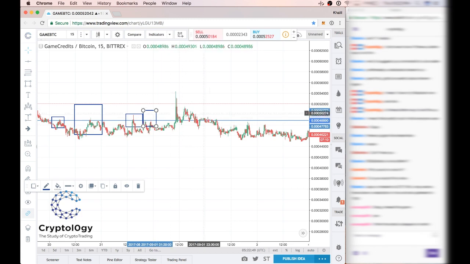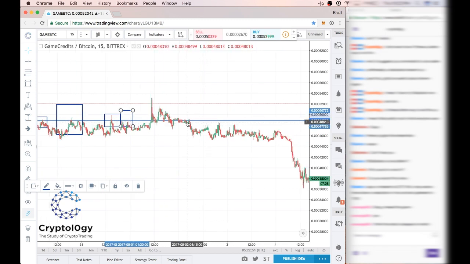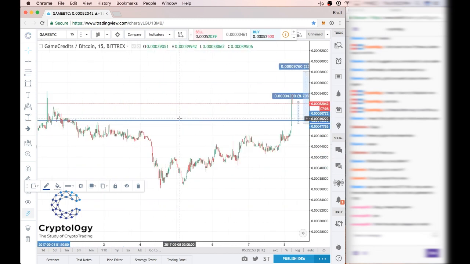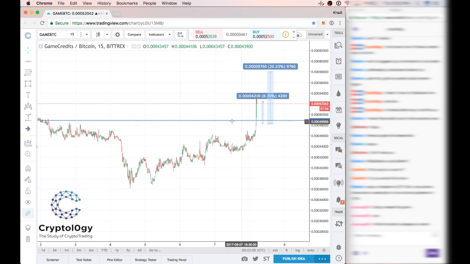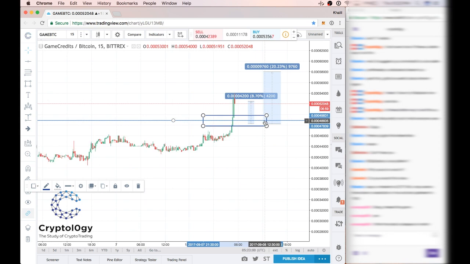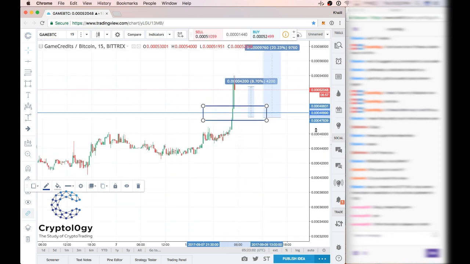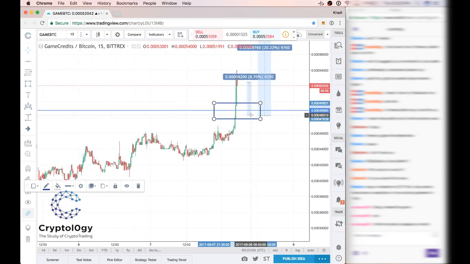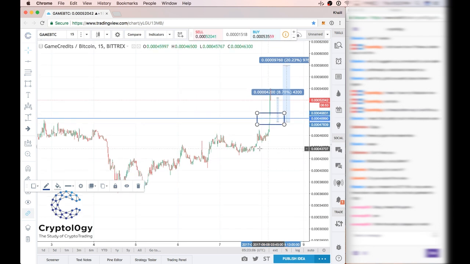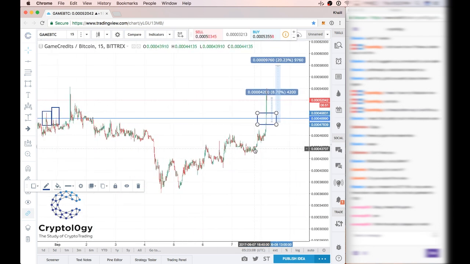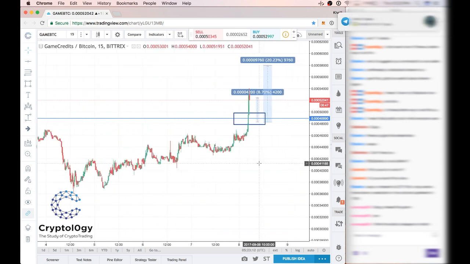Broke it. Came back down, resisted, tested it a couple times. Then it finally broke it over here with volume. And you guys saw the spike. So that's pretty much it for support and resistance.